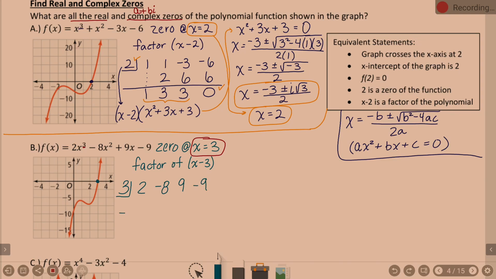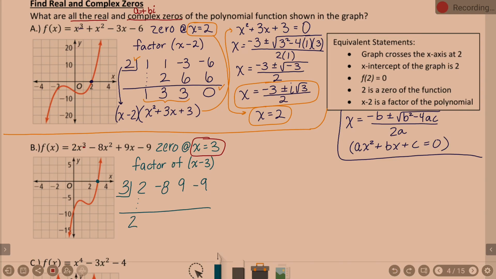Okay. And we're going to carry the 2 down and actually write it down.